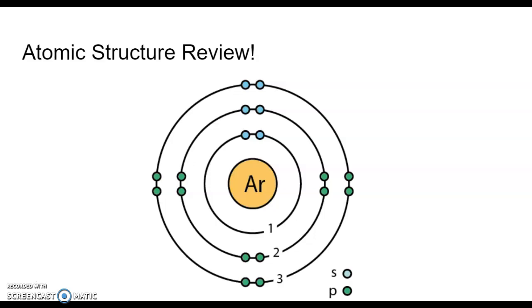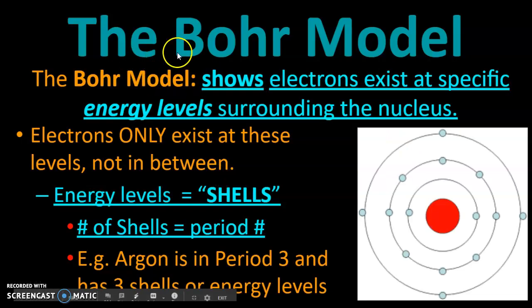This type of depiction of the atom is what we call a Bohr model, and all the Bohr model is showing is the electrons that exist at specific energy levels surrounding the nucleus. So in this case, we're really focusing on the electrons that are within the energy levels surrounding the nucleus.